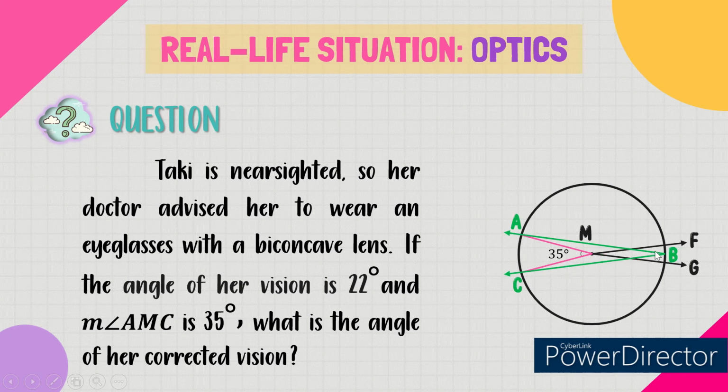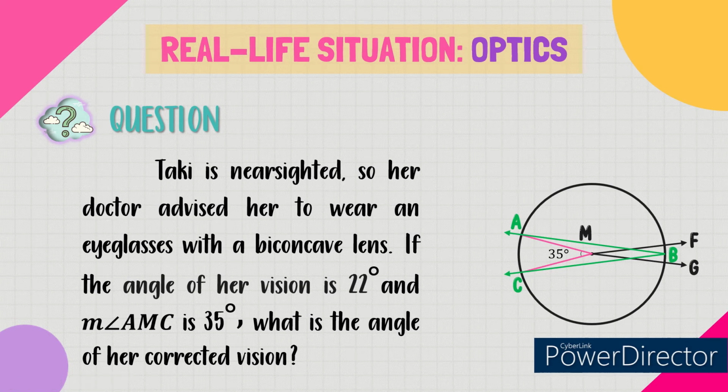This green angle is an inscribed angle. It is because the vertex of this angle, point B, lies on the circumference of the circle, or on the ring of the circle. Now let me tell you the difference between an inscribed angle and a central angle.